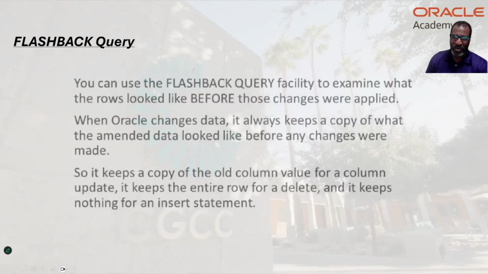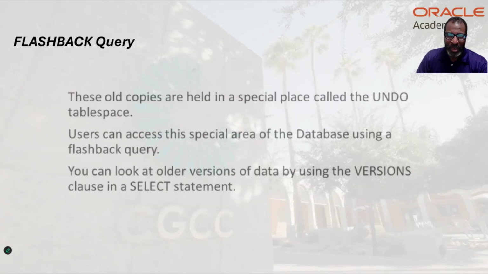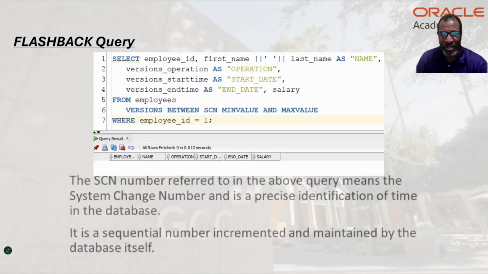You can use the flashback query to examine what the rows looked like before and after those changes. It keeps a record of how things have changed, and these old copies are good because you can undo some of the changes. It actually creates versions of your data changes.